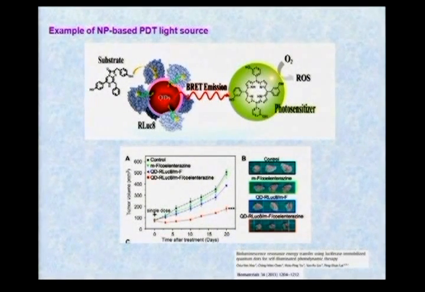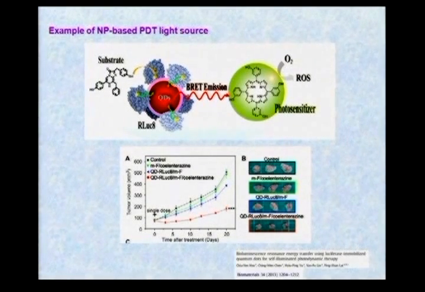What happens here is that the bioluminescence reaction results when you give the complementary material, such as luciferin, into the body. You get the bioluminescence reaction, and that light actually is absorbed by the quantum dot and transfers the energy to the photosensitizer. If you're a very serious physicist, you may argue that this is not actually a light source.